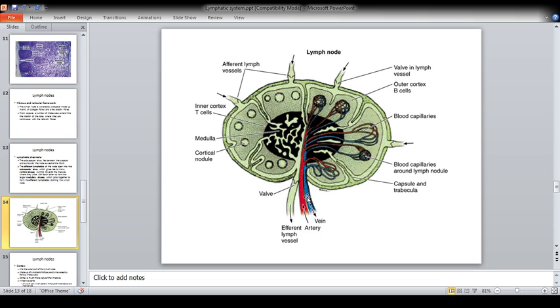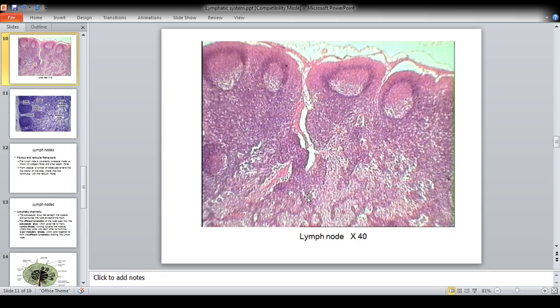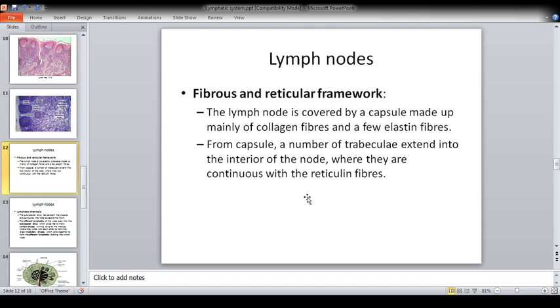Now we'll look at the structures that are present in the lymph node one by one. The fibrous and the reticular framework of the lymph node gives it its shape, keeps its structure intact and at a certain position in the body.